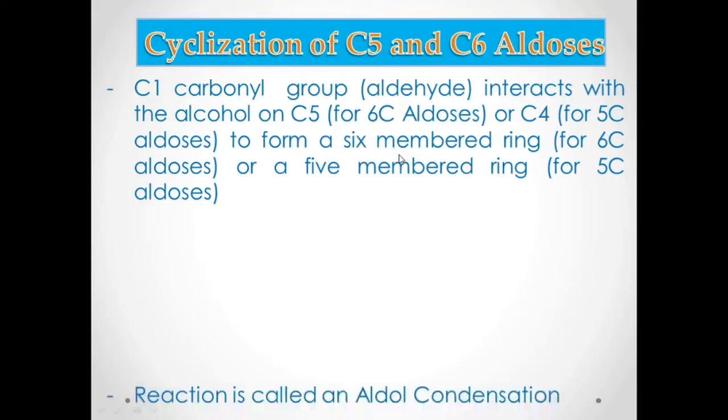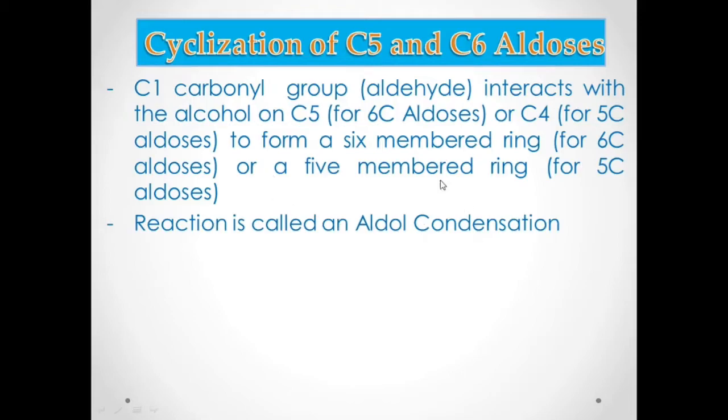These reactions involve what we call the process of aldol condensation. For the reaction to proceed between the carbonyl group and the alcohol on carbon 5 or carbon 4, it requires the process called aldol condensation. It's short for aldehyde and alcohol.